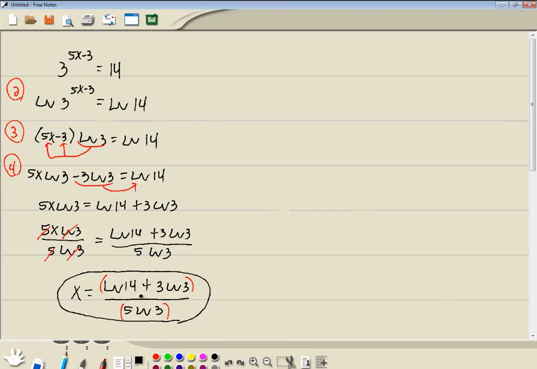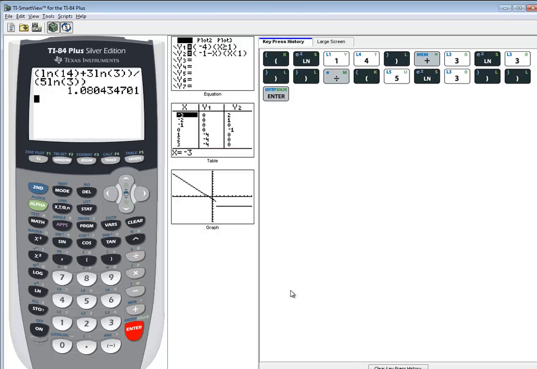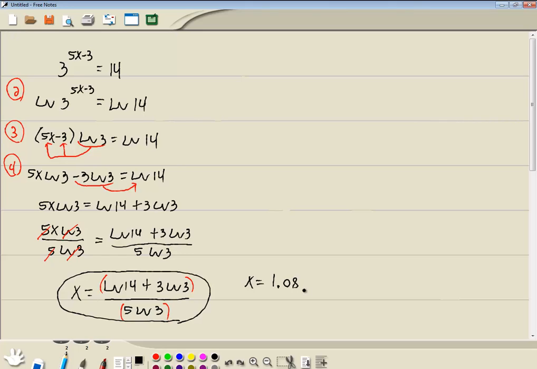It said thousandths, so this would be x is equal to 1.080, or simply 1.08. And those would be your answers.